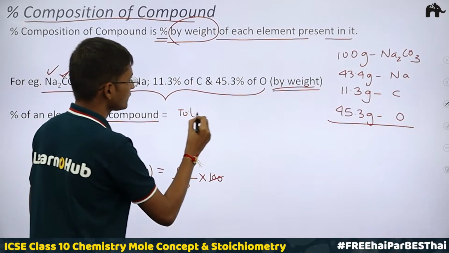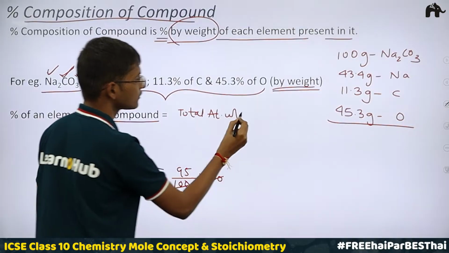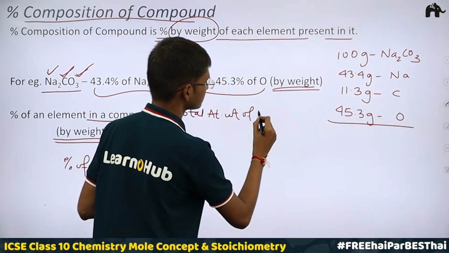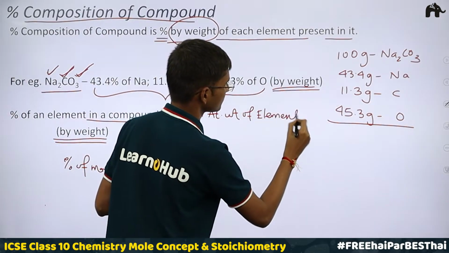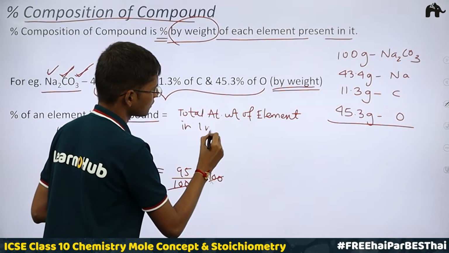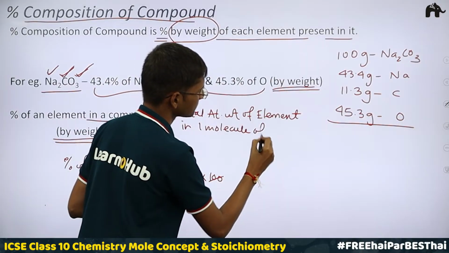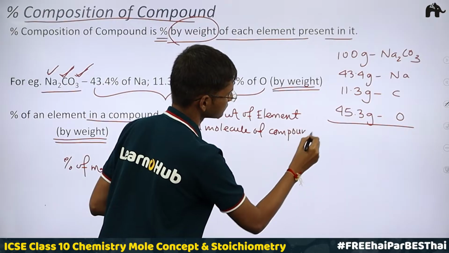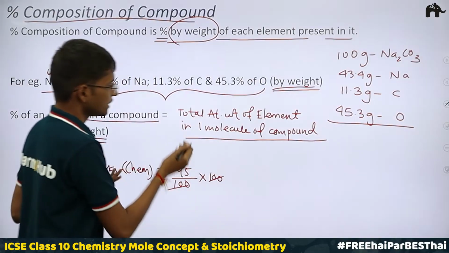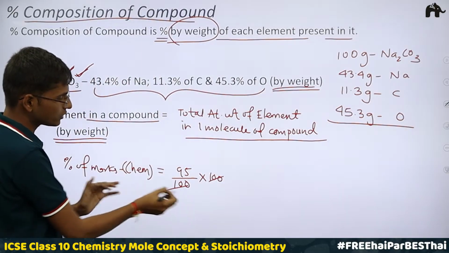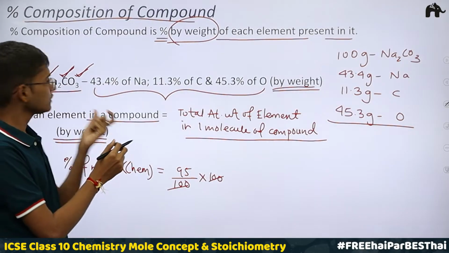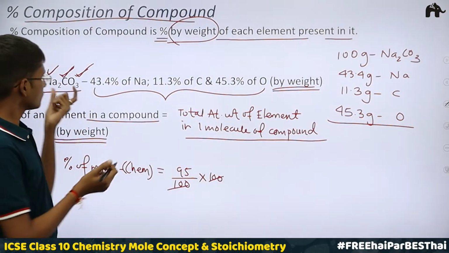So I would take the total atomic weight of the element in one molecule of the compound. Here we are talking about one molecule, so that's why one molecule of compound, divided by, then what is it? Total marks you have, total marks of that subject. So total weight of this molecule. Now what is the total weight of this molecule called? Molecular weight, right? So molecular weight of the compound.